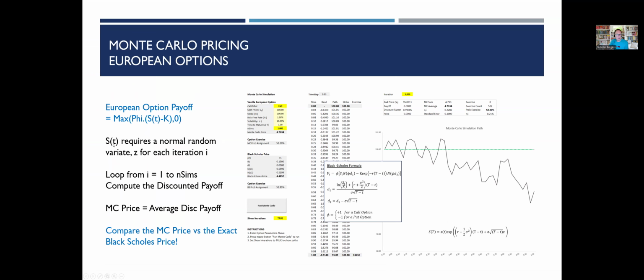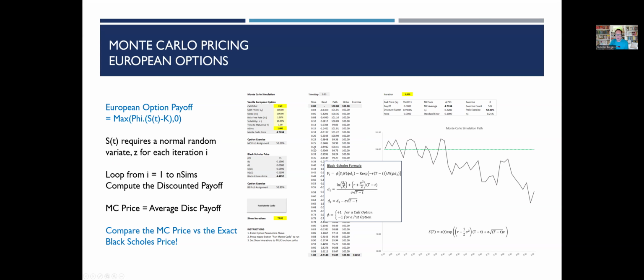We said that the option payoff has the future value of the asset in there, and we simulate the SDE using our formula with a different standard normal random variable Z each time for each iteration. We loop over this, we refresh the formula the number of simulations times, and we compute the discounted payoff for each iteration, and then we take the average over many paths, and that's your Monte Carlo price.